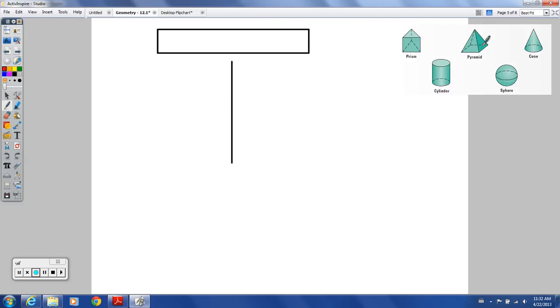So we're going to take the pictures here, try to recreate these or draw these as best we can, and then decide which ones are which types as well. So up here, let's write in types of solids. And so which ones of these are polyhedra and which ones are not polyhedra?